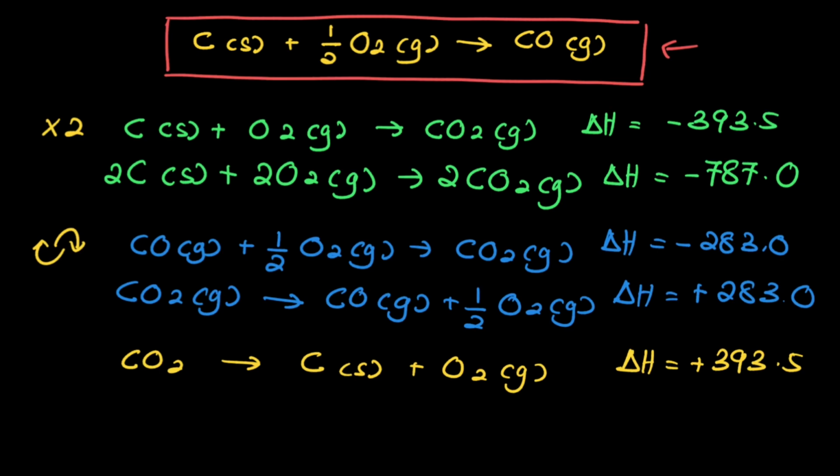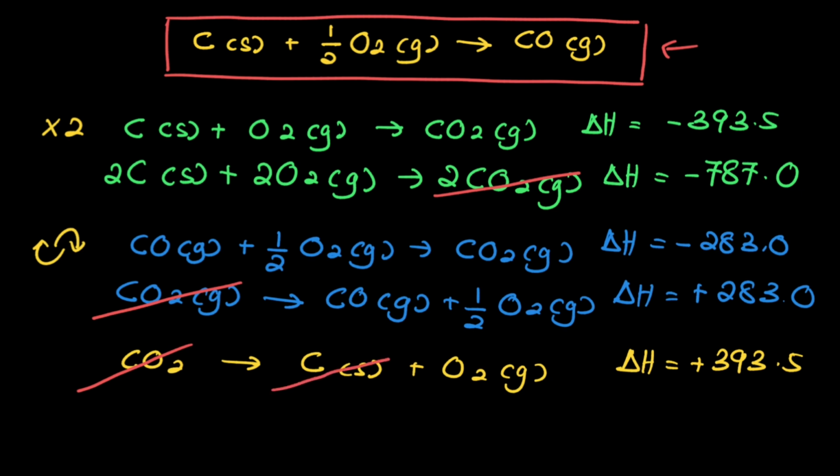So the first thing that we do not need, that is not related to the target equation, is carbon dioxide. In the first equation we have 2 carbon dioxide. Here we have 1 carbon dioxide and the other 1 carbon dioxide. So this one is no longer available. Alright, so next we only need 1 carbon, but in the first equation we have 2 carbons.